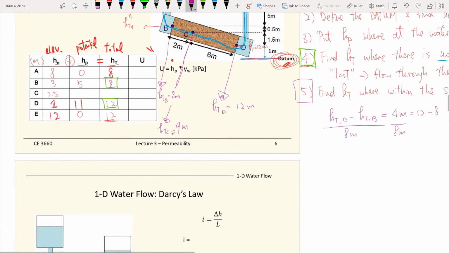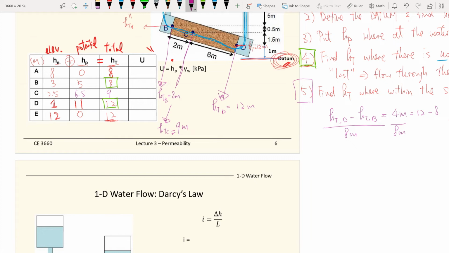So now we know the total head at point C is 9 meters. With that, we can find out the potential head at point C is 6.5 meters. Again, if you need help here, please come see me during my office hour.